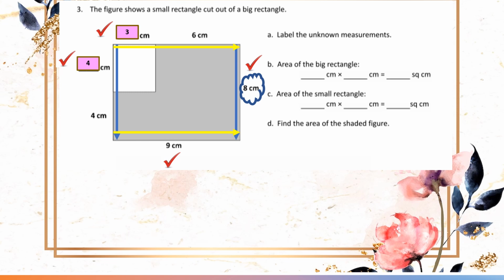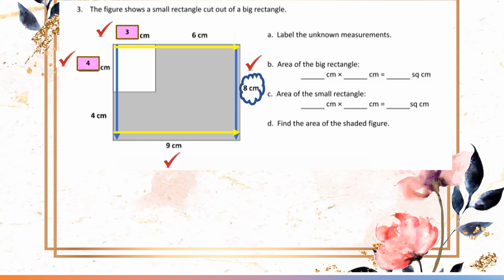Now, we've done what letter A told us to do. Label the unknown measurements. So we have a 4 that was missing and a 3 that was missing. Perfect. Now we're moving on to letter B. Letter B says that we need to find the area of the big rectangle.